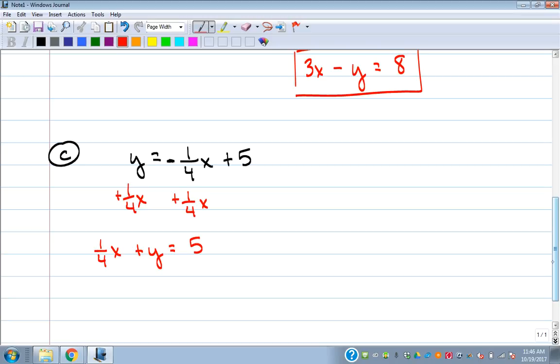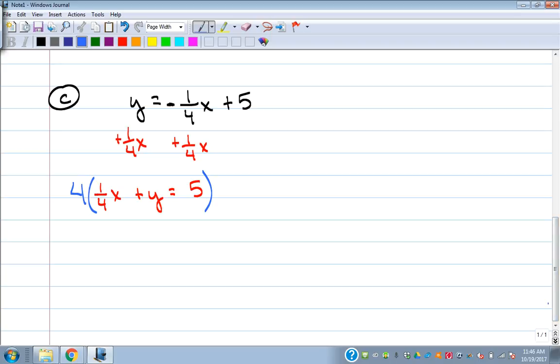What you want to do is multiply everybody by 4. Every piece gets multiplied by 4. The whole problem. What happens when you multiply 4 times 1/4? It's 1. So that turns into x.